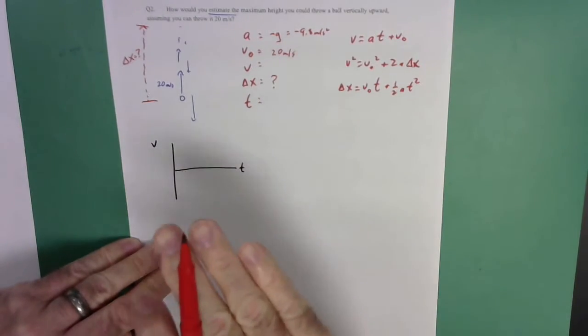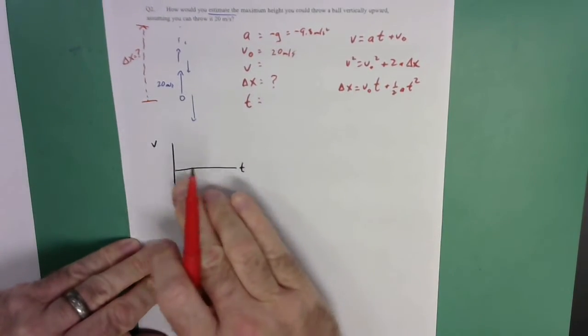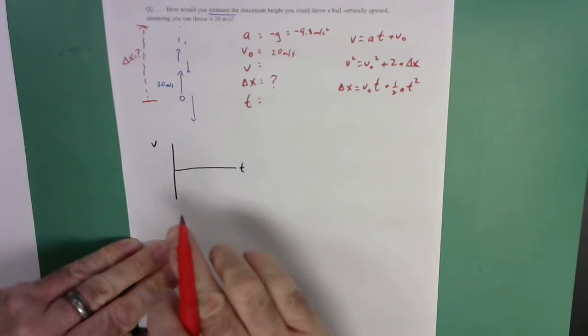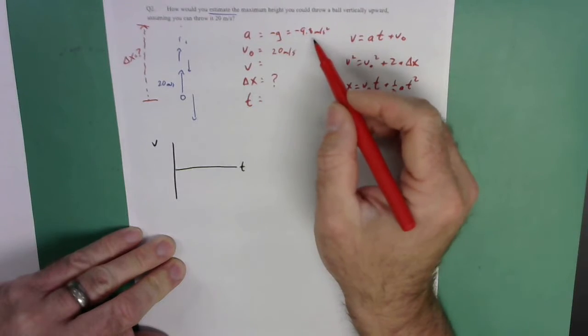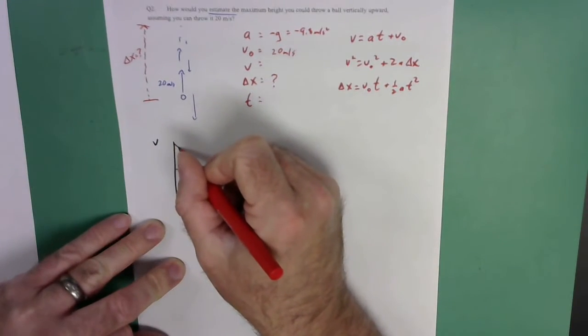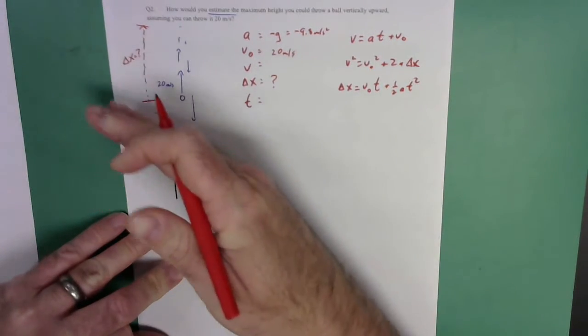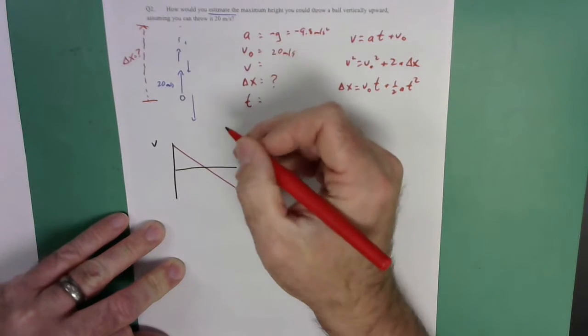Remember, acceleration is the slope of the velocity time graph. A constant acceleration of negative 9.8 means a constant slope, a straight line on that graph with a slope of negative 9.8.